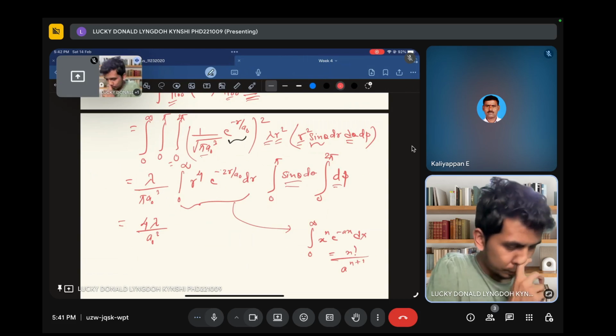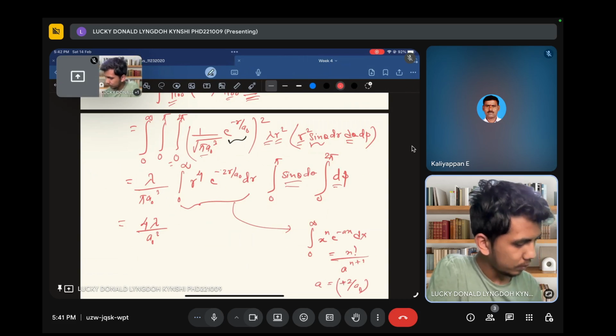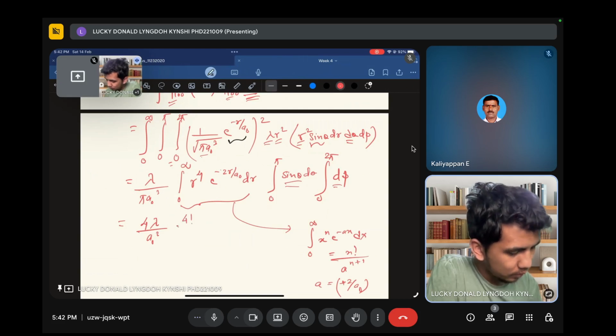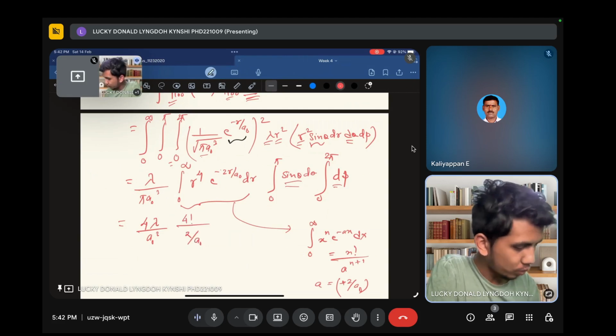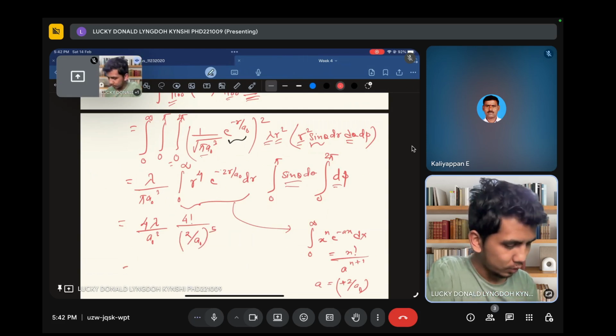So now a, in this case, is equal to, sorry, plus 2 by a naught. So what happens is that you will get n factorial. n factorial is 4 factorial in our case, and 2 by a naught to the power of n plus 1. n is already 4, so you get 5. Okay? So this will be equal to 3 lambda a naught squared.